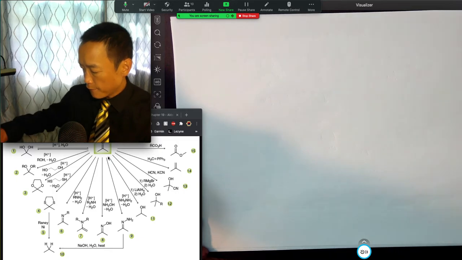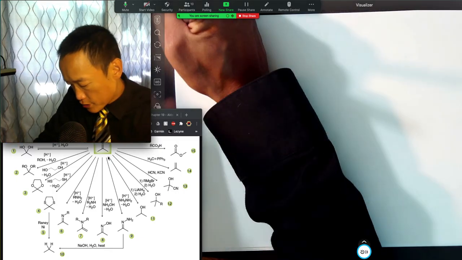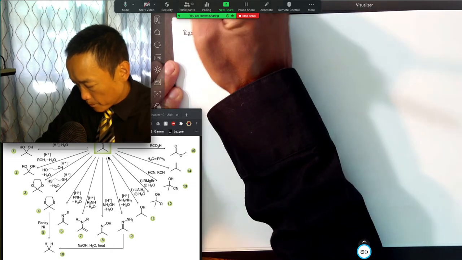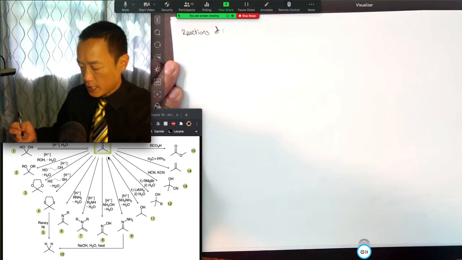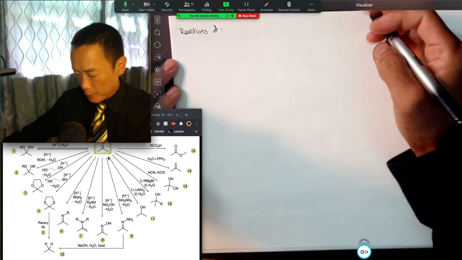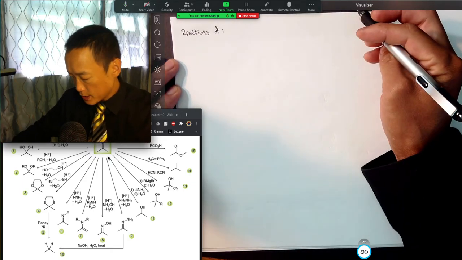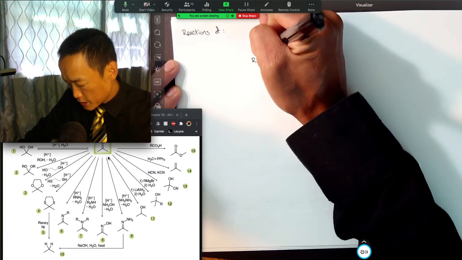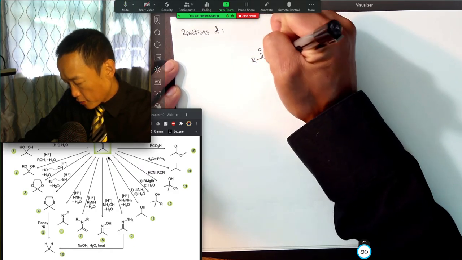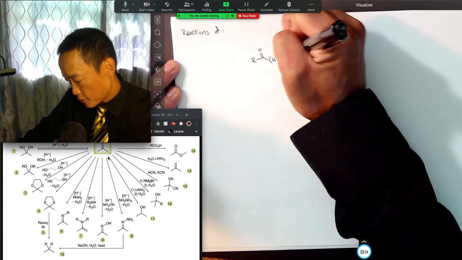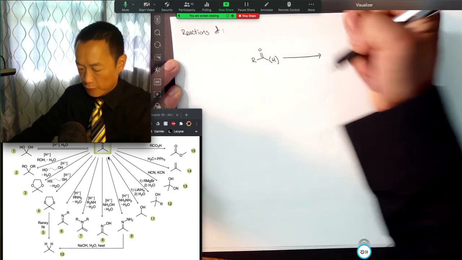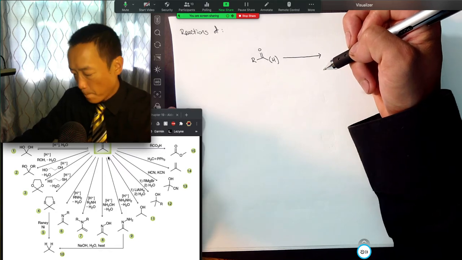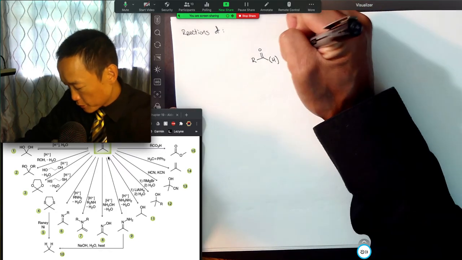So we finally ported our way into reactions of aldehydes and ketones. And I'm going to use this parenthetical H here to denote that there are a number of different reactions that could take place here. So we'll just write reactions.